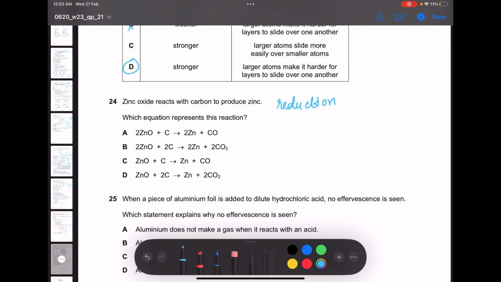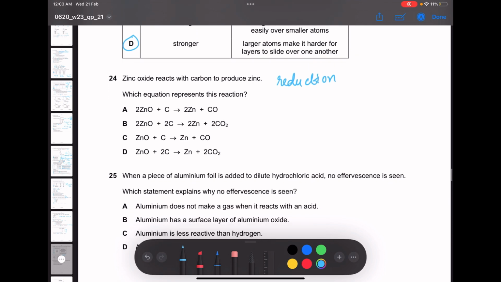Here we are looking at the balancing of the equation. 2 zinc with 2 zinc, 2 oxygen with 1 oxygen, so that's wrong. 2 zinc with 2 zinc, and 2 oxygen with 4 oxygen, so that's wrong. 1 zinc with 1 zinc, 1 oxygen with 1 oxygen, 1 carbon with carbon.